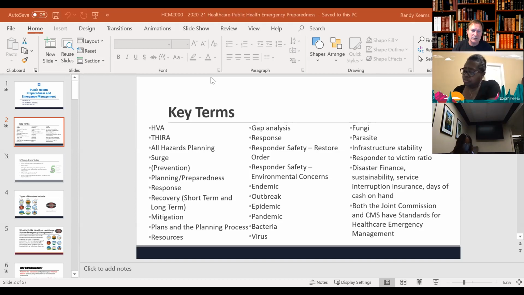The four types of infectious disease, I guess, what are things that can cause an infectious disease? A bacteria, a virus, a fungi, and a parasite. Just understand bacterial infections used to kill far more people than viral infections.